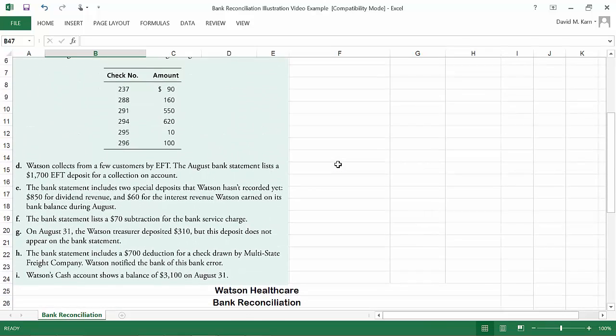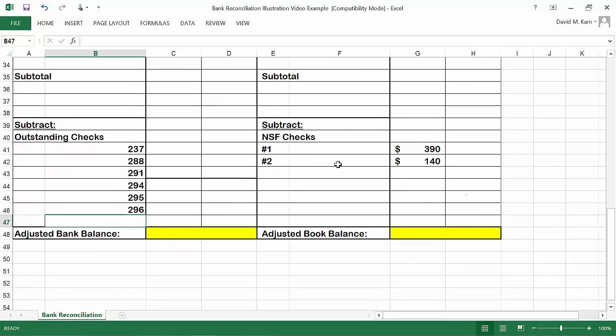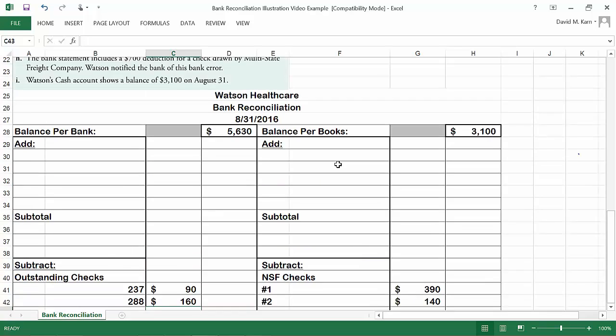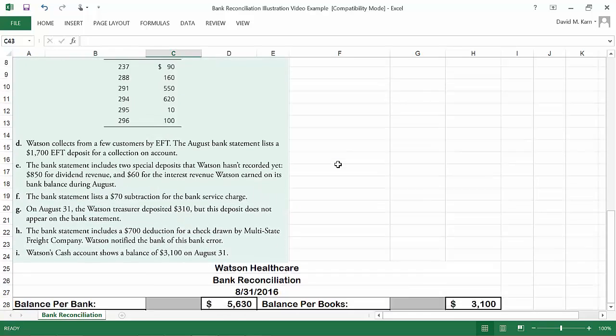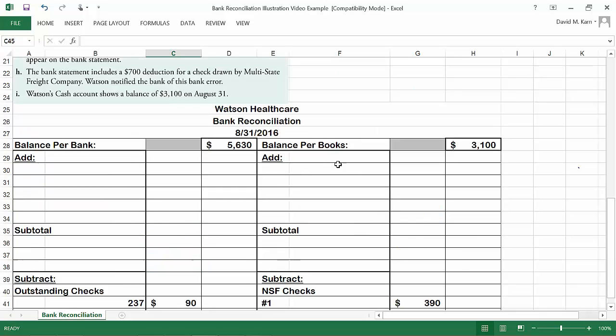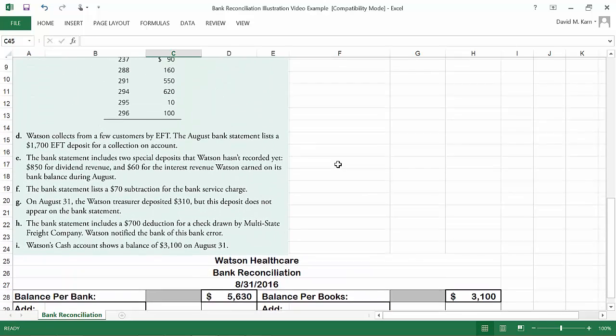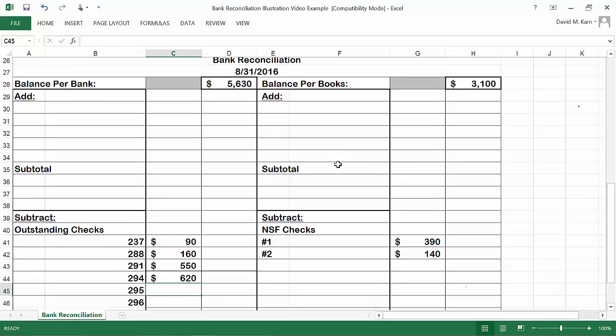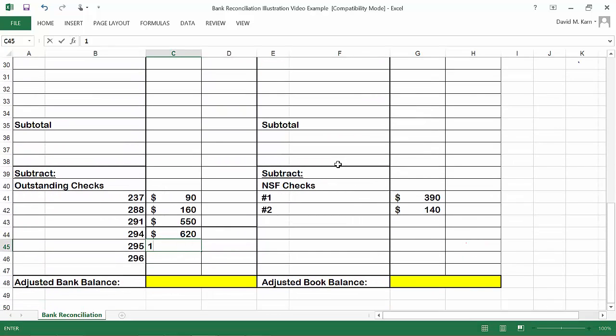So we have 9160, then we have 550, 620, then we have 10 and 100. Okay, so we've got that squared away.